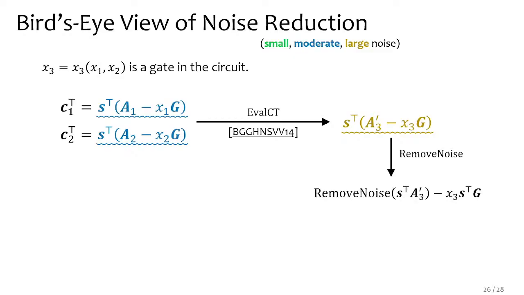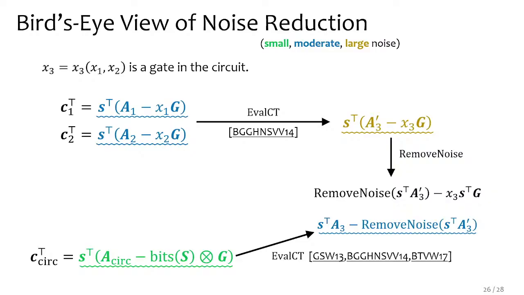Then you perform the remove noise procedure, which will spit out something that doesn't allow you to do further homomorphic evaluation, plus the payload. Then we want to restore the format by eliminating the remove noise term, which we do using the circular encoding. Using the circular encoding, we can homomorphically evaluate the remove noise function, which will spit out SA3 minus the remove noise term.